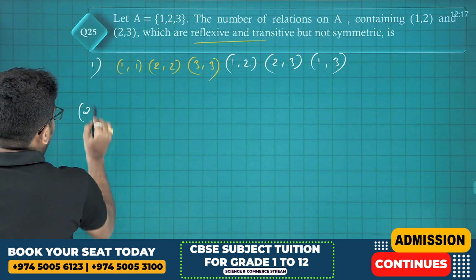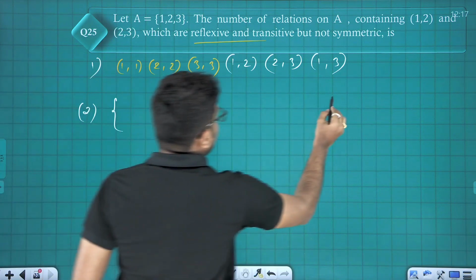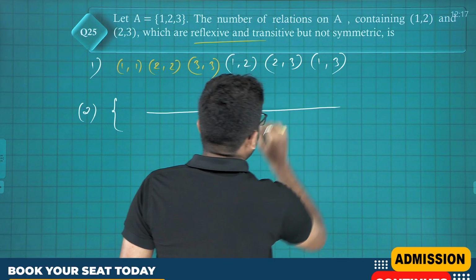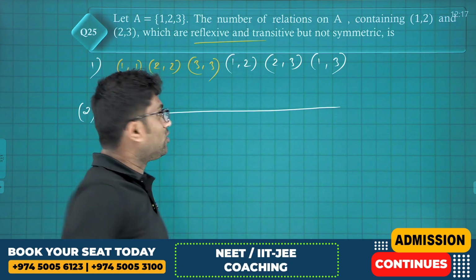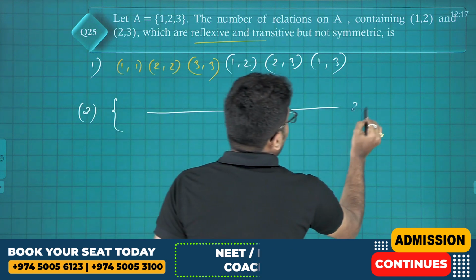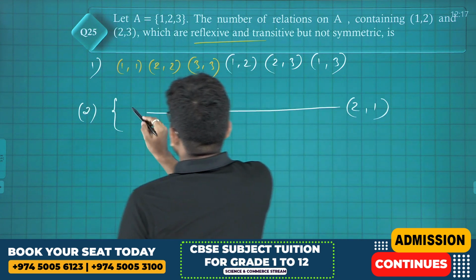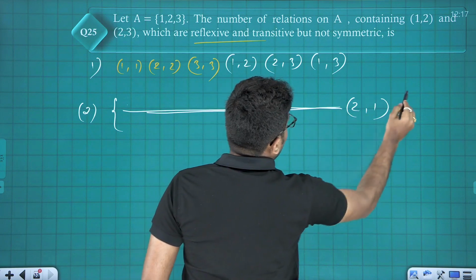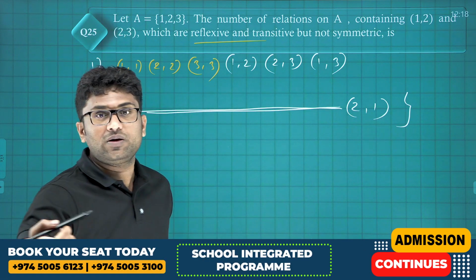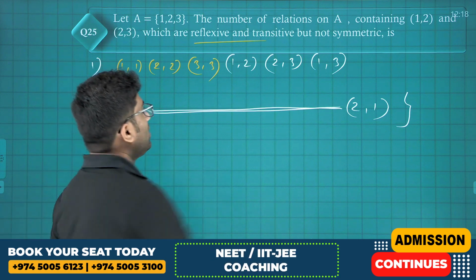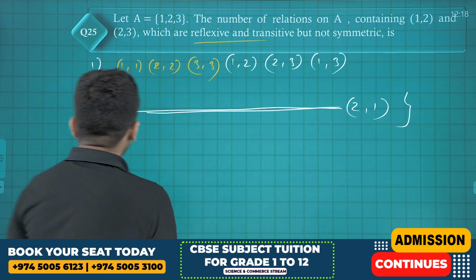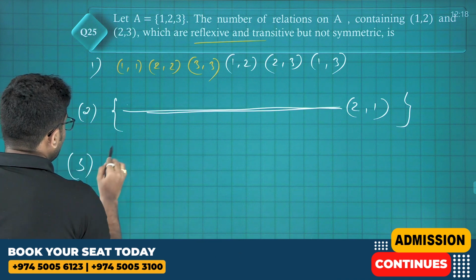Next, all these should be there, along with this, to make it transitive, but it should not be symmetric. So we can just add (2,1). Now this will be reflexive and transitive but not symmetric. Why is it not symmetric? Because there is no (3,2).